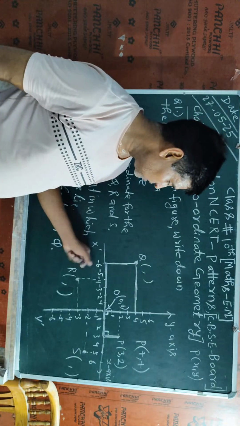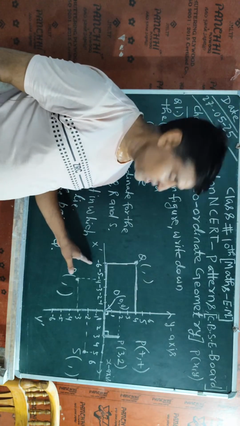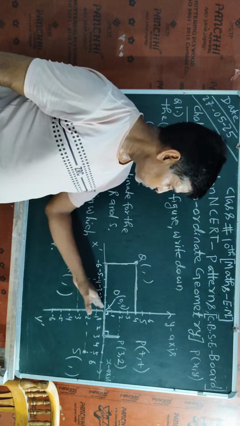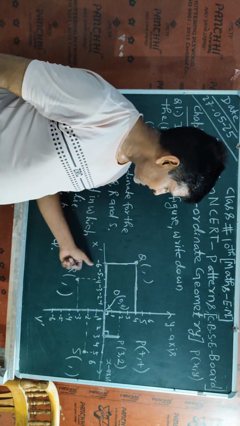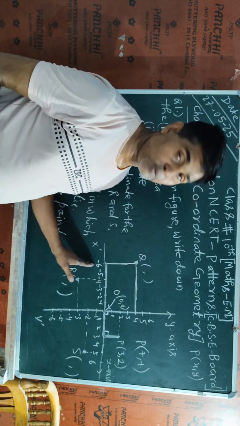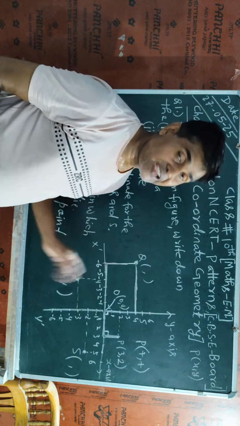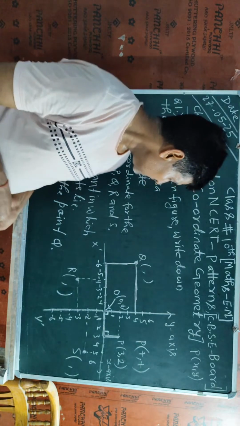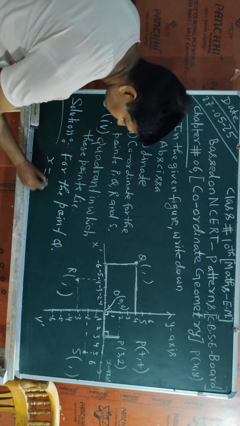So what do we have to consider as the value of x? Here from the y-axis I have taken this point, the length of this point will be 6, but on the left hand side I will consider -6. So abscissa value will be -6.